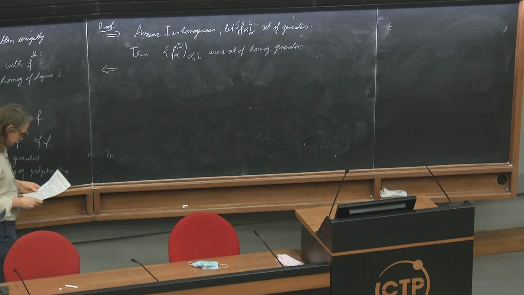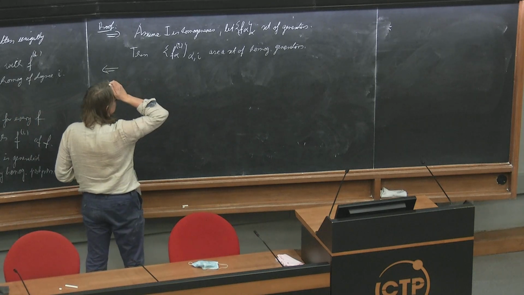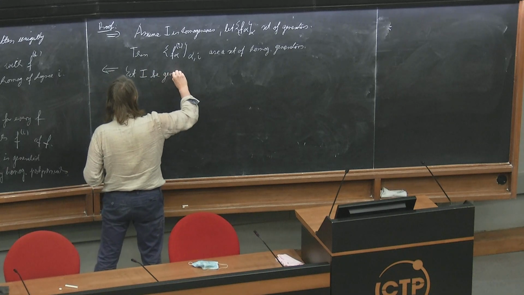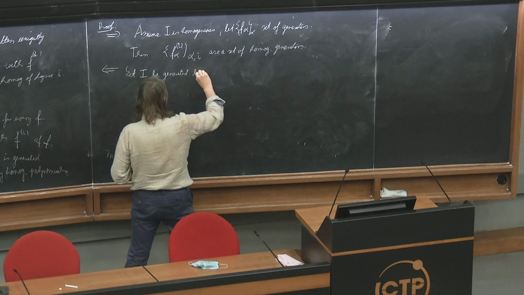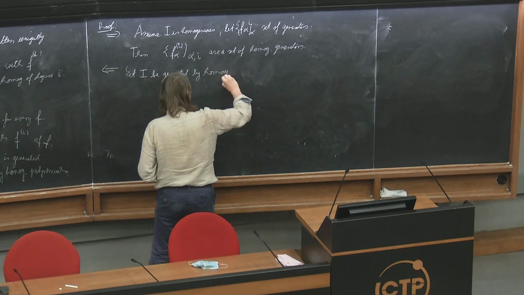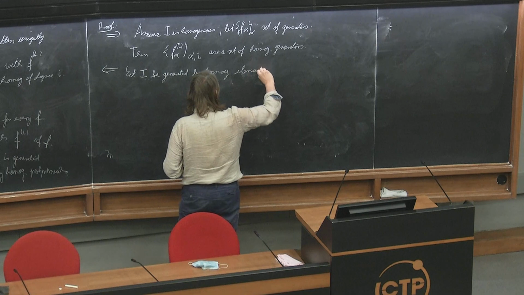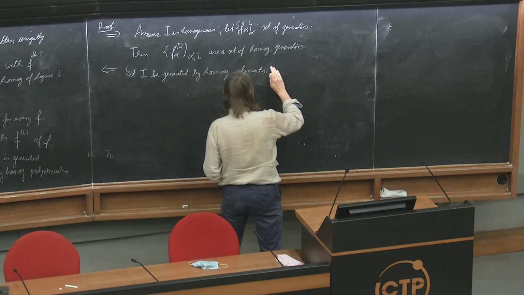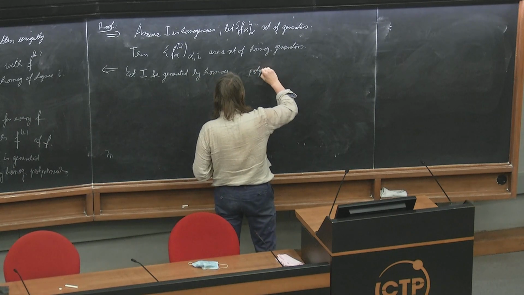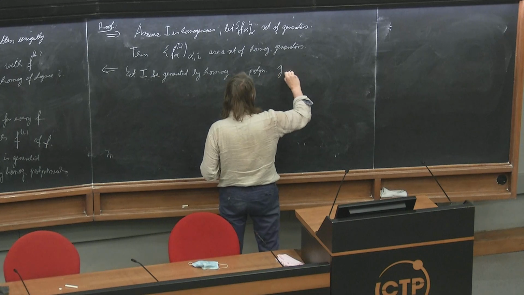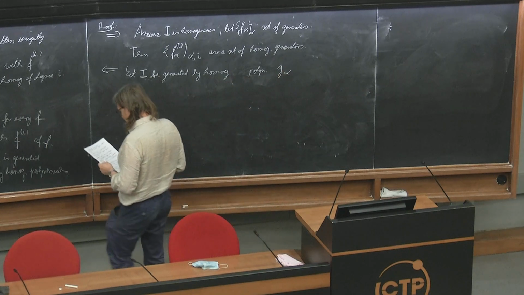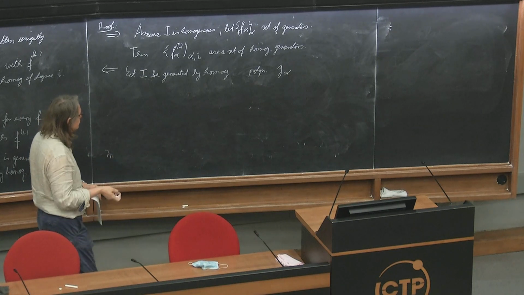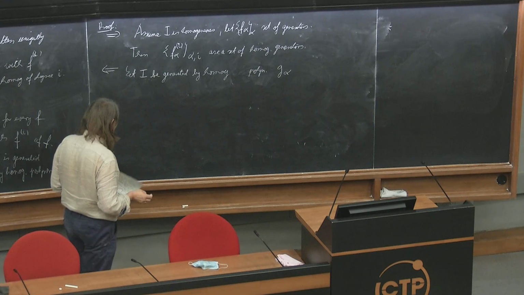The other direction is not much more difficult. So assume that I is generated by homogeneous polynomials g alpha i. Then we can write any element f in I as a combination of these with coefficients in k[x0,...,xn].